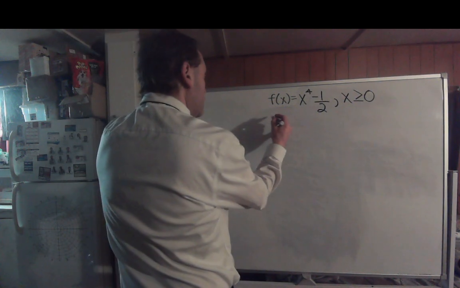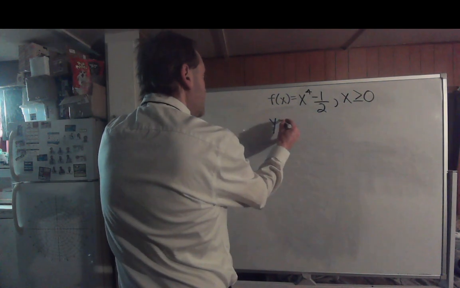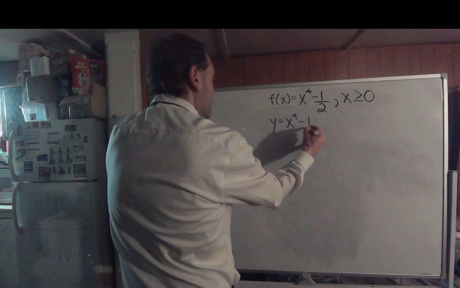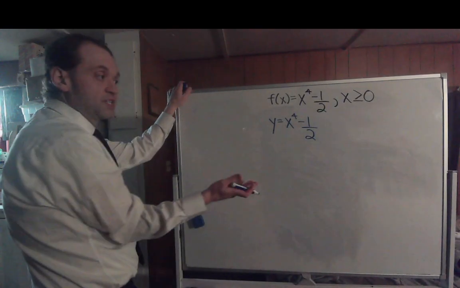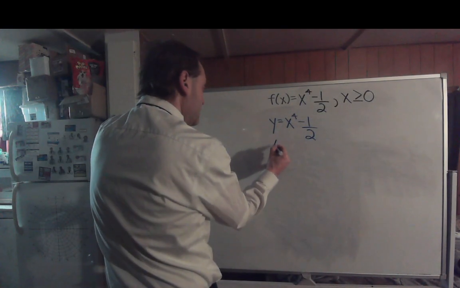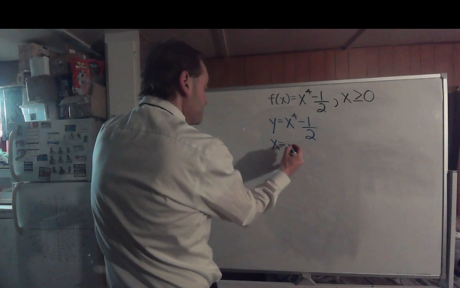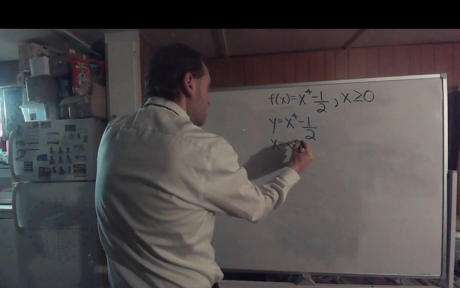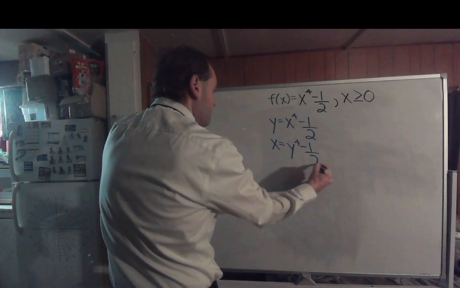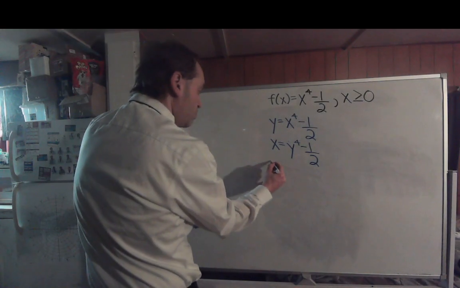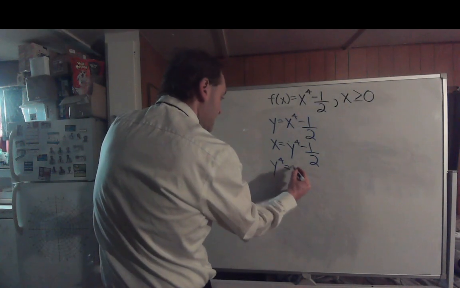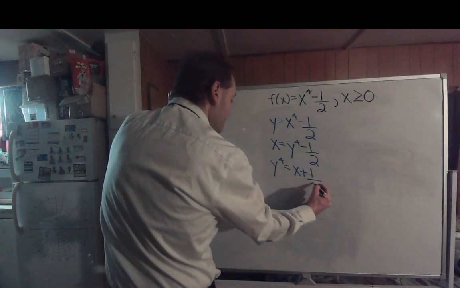So let's make y equal to x to the fourth minus 1/2. Now just switch places with your x and y. x would equal y to the fourth minus 1/2, which means y to the fourth is going to equal x plus 1/2.